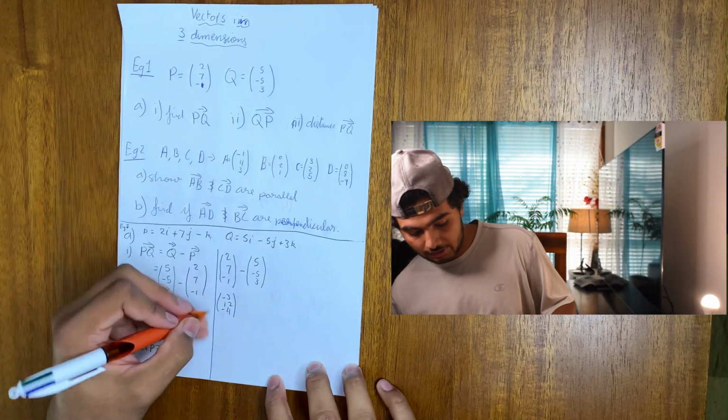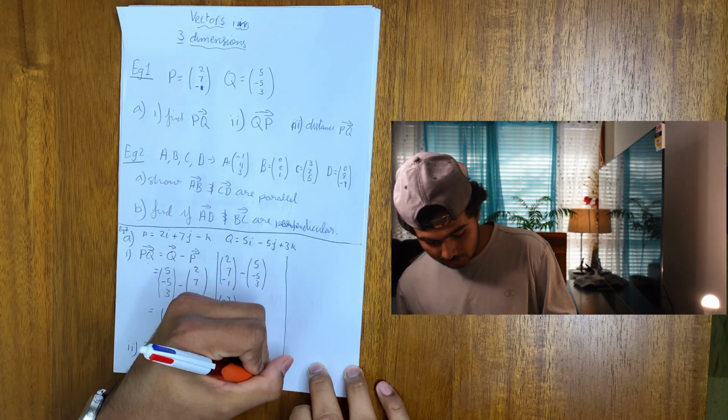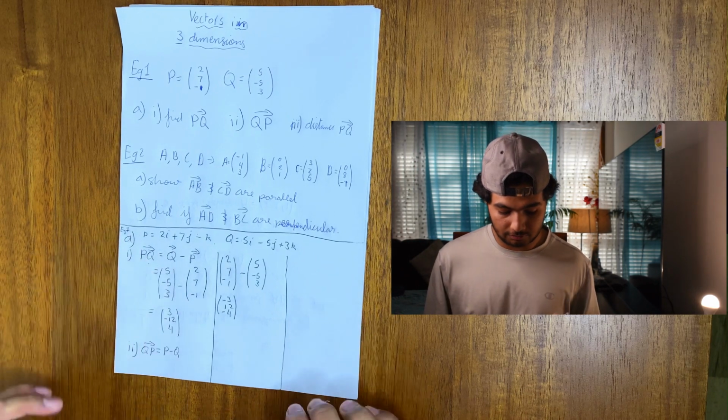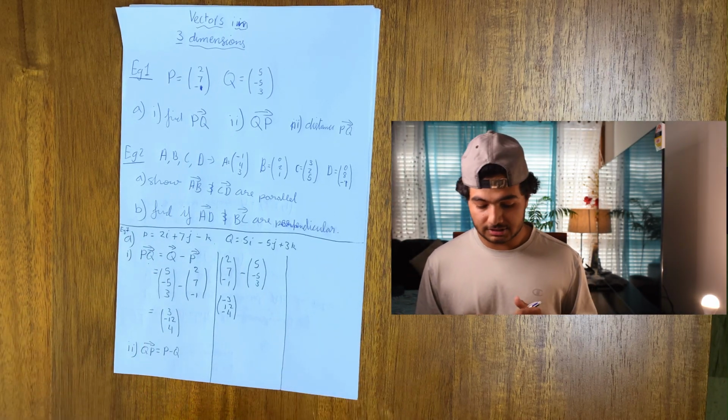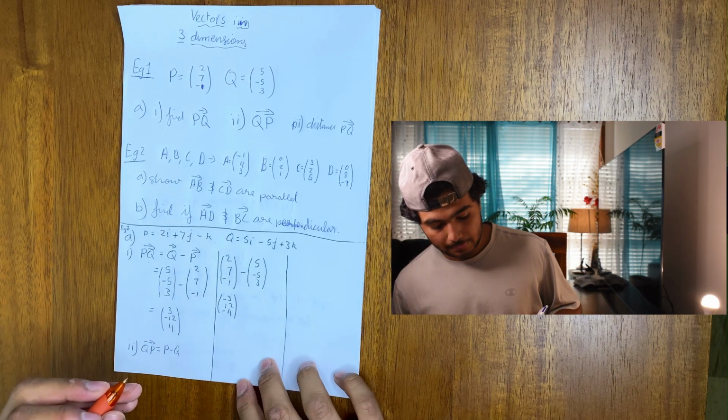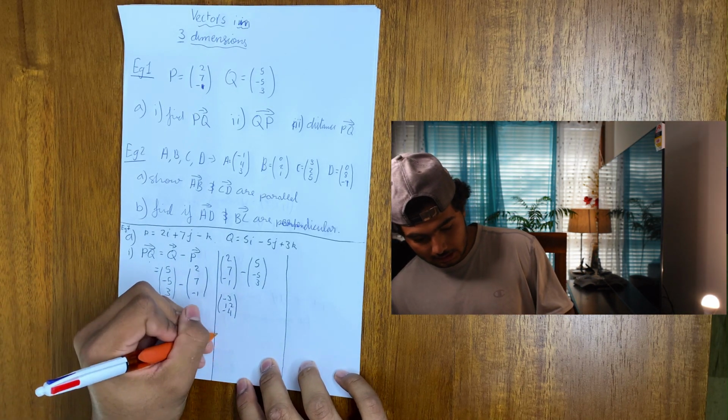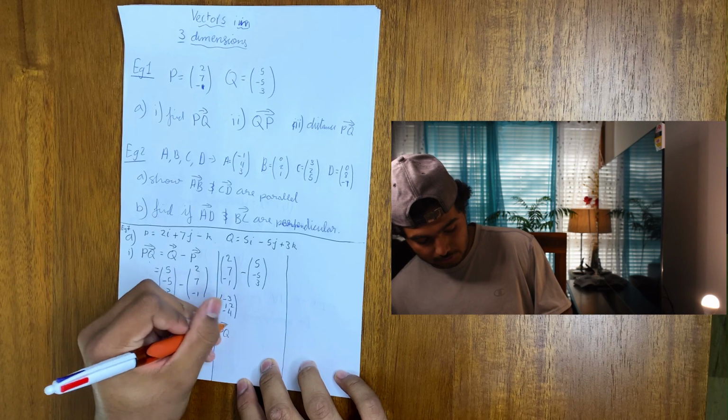Now we do part three, distance of PQ. How do you find distance? So the distance formula, what is the distance formula?